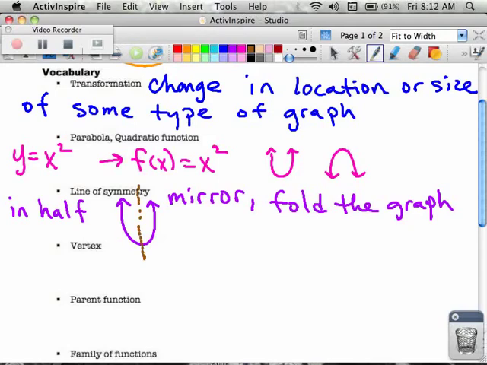And then notice that it goes through the vertex. So that's kind of important. So a line of symmetry is kind of like a mirror. It's where you can fold your graph in half and it goes through the vertex.